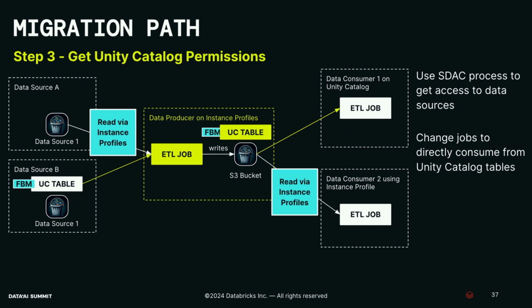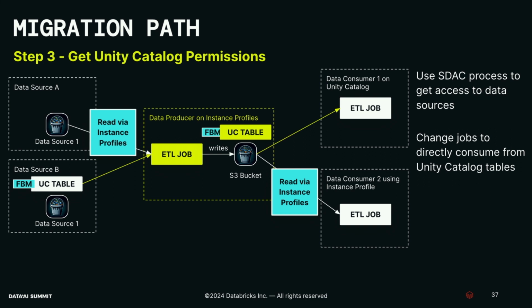And then the next thing is the data consumer 1 gets access to the Unity Catalog table via the SDAC process. And the other consumer still reads the data over instance profiles, but now you use the SDAC process to give access and use Unity Catalog row level and column level security.